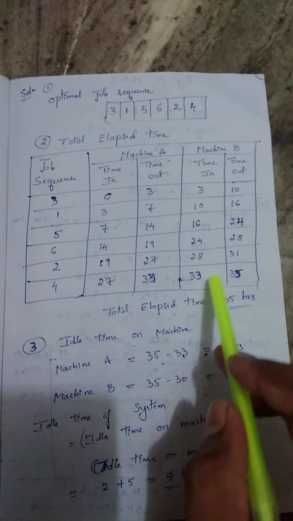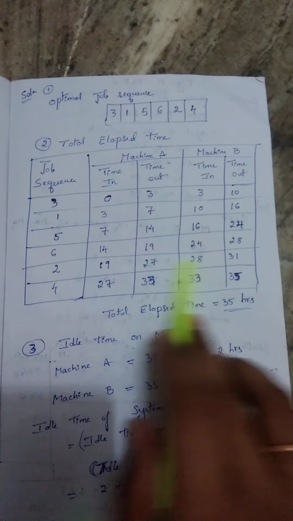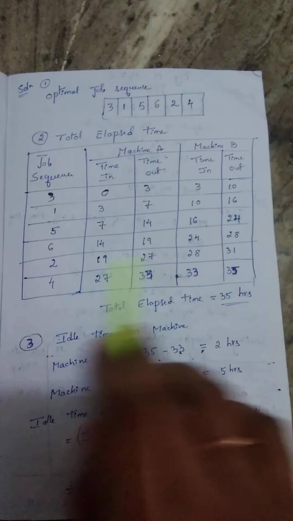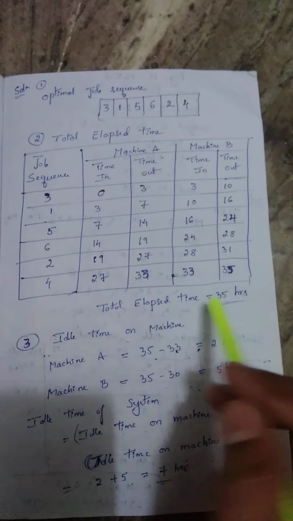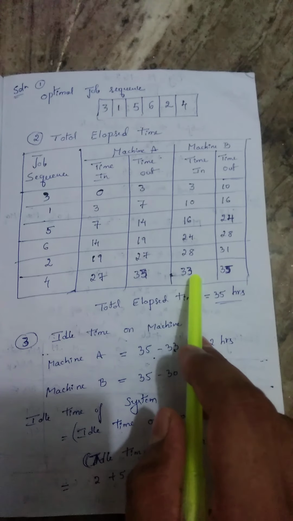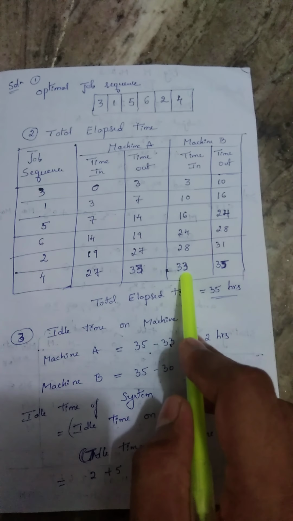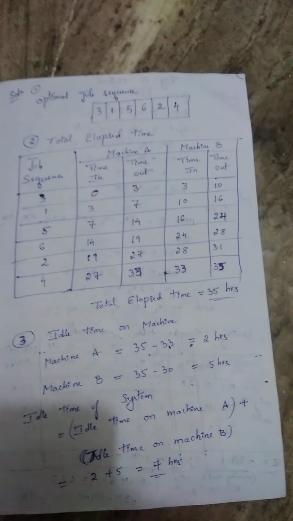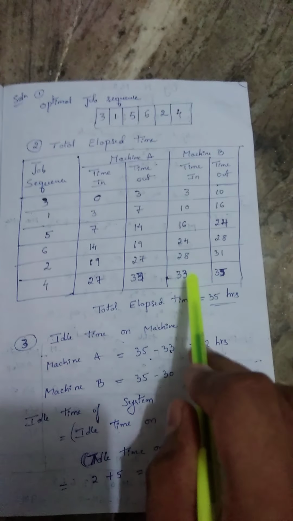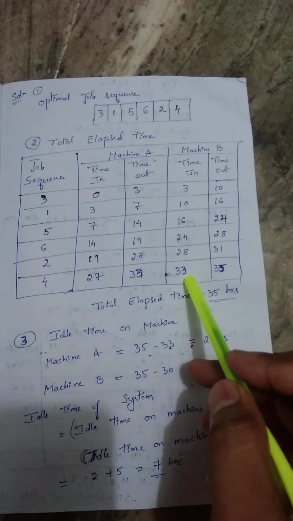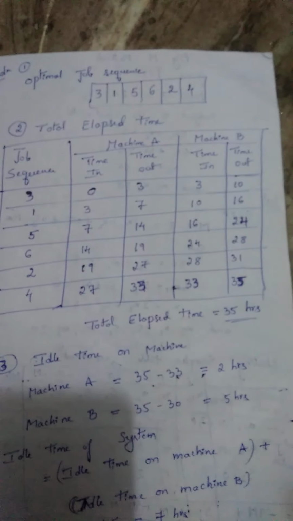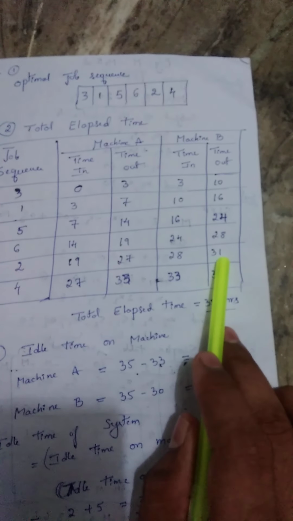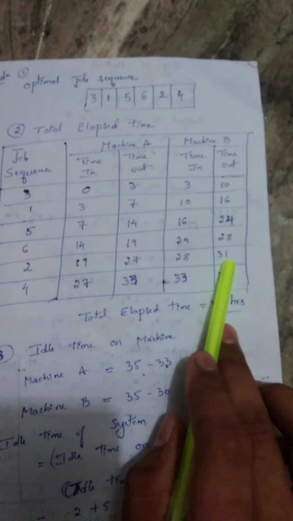After that, machine B: 31 hours. After 31 hours the second job is closing on machine B, and after 33 hours we are starting machine B. Actually here in machine B, at 31 hours the second job is completed.